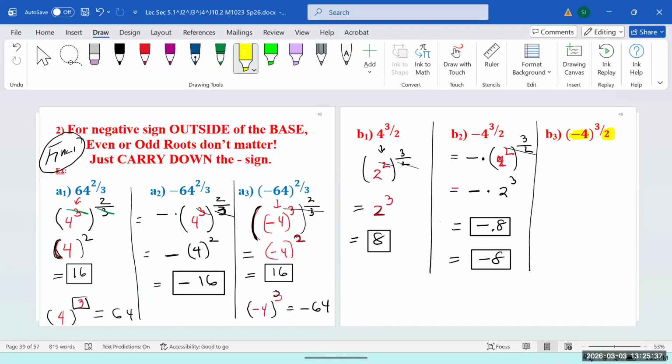Negative. So they are asking what number, when you multiply twice, becomes the base negative 4? Is it possible? No. Impossible. So the answer is it doesn't exist. The easiest one.